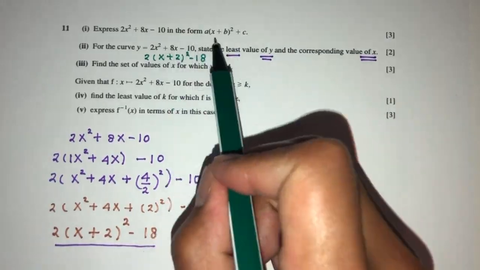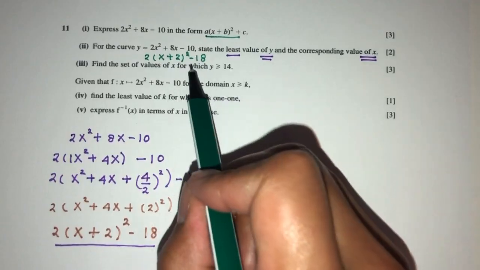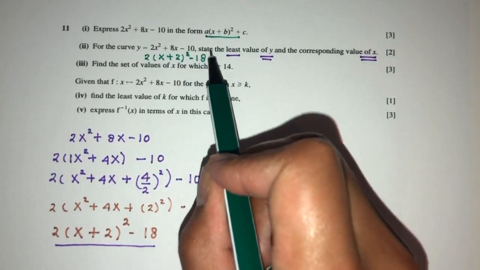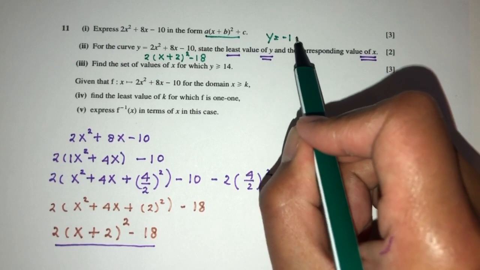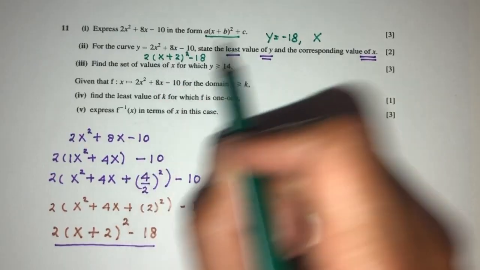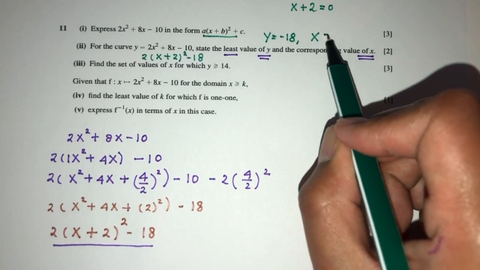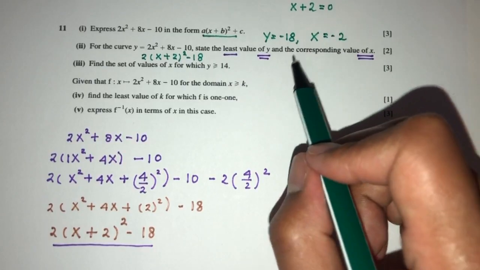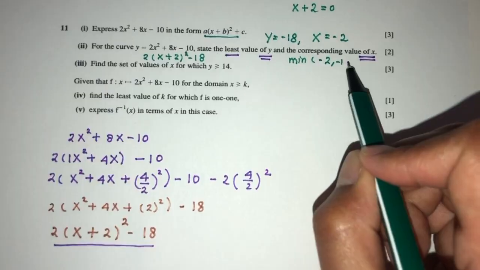Because we were able to convert to this, we can use that expression to find this. The value at the back will be the least value of y. So the least value of y will be minus 18, and for the corresponding value of x, we have to look inside. It is when x plus 2 is equal to 0, so x will be equal to minus 2. So the minimum point is minus 2 and minus 18.